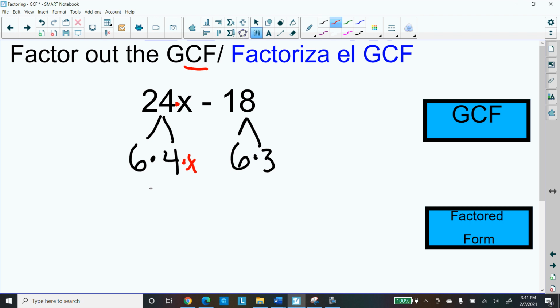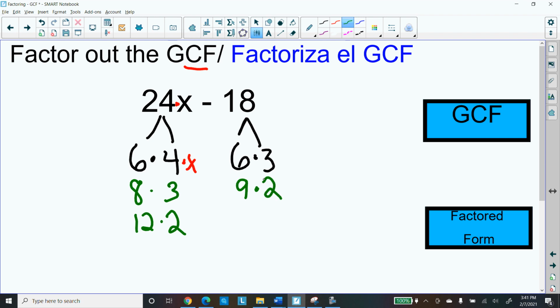I know, first of all, that there are other factors like 8 times 3, 12 times 2. That'll work. I'm not going to use 1 because it's got to be greater than 1 as a factor, because 1 is an identity element. When I'm looking at 18, the factors are more than 6 times 3. You also have 9 times 2.